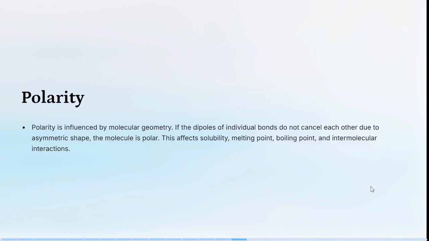They're trying to say that when you have a molecule whose electronegativity on both ends of a particular bond is different, as they call a dipole, when we have two charged ends of a molecule and the negativity does not cancel out on both sides, you can tell that that particular molecule is said to be polar. This affects the solubility, the melting point, and the boiling point, as well as the internal molecular attractions of these molecules.